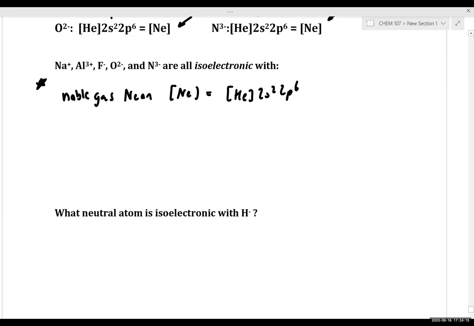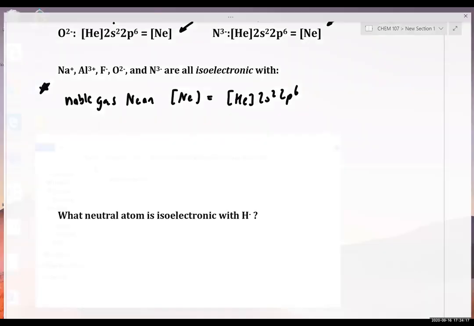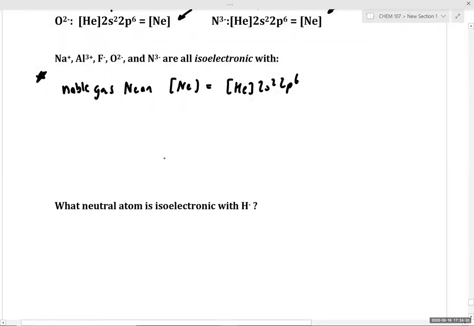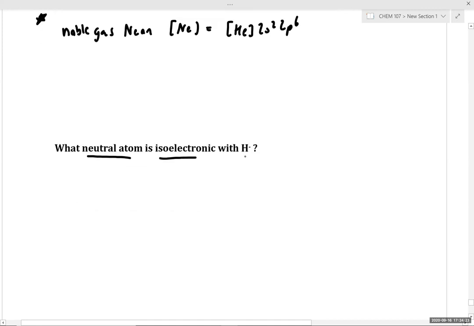I'd like you to tell me what neutral atom is isoelectronic with H minus. So let's take a moment. I'd like you to figure out the number of electrons that H minus has, and tell me what neutral atom has the same number of electrons as H minus.